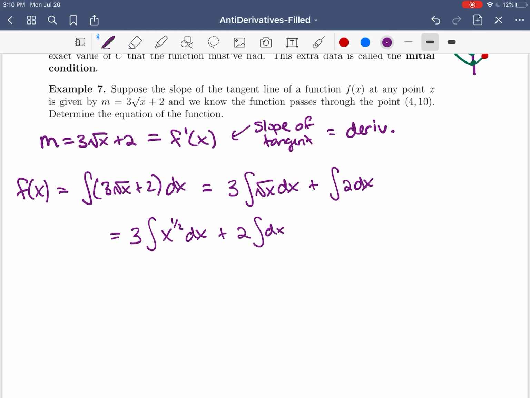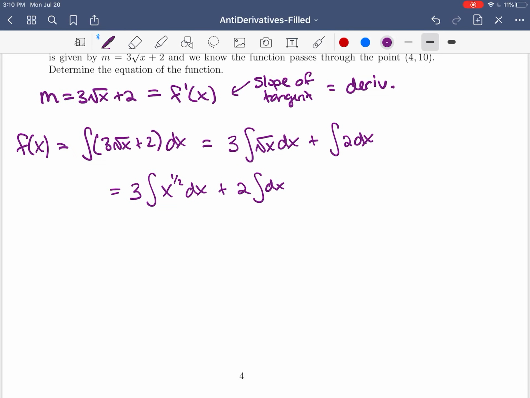And I could pull out the 2 here if I want. So now the antiderivative of x to the 1/2 is going to be 1 over 1/2 plus 1, x to the 1/2 plus 1. And then something that has derivative 2 is just 2x, and then I get my plus c.